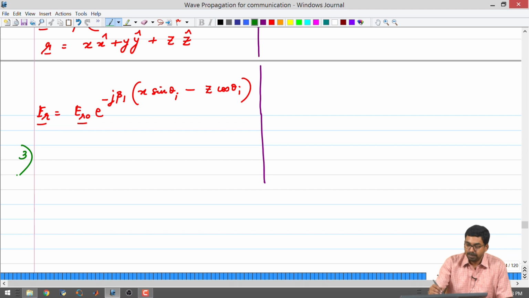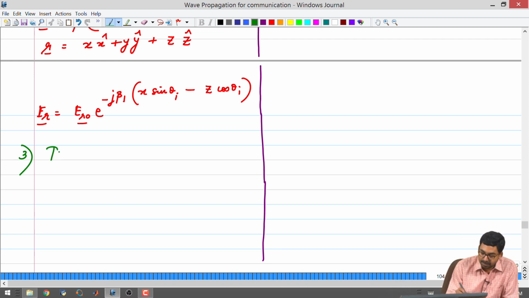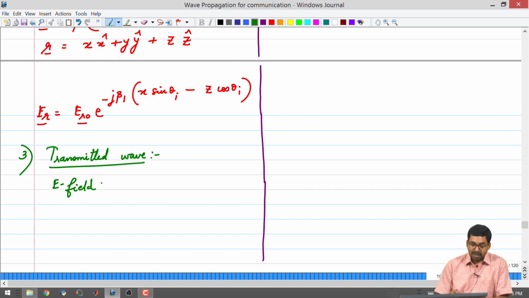Now that we are experts with this part, we can write down what is going to be the form for the electric field for the transmitted wave. Transmitted field, let us say that I call as E suffix t.